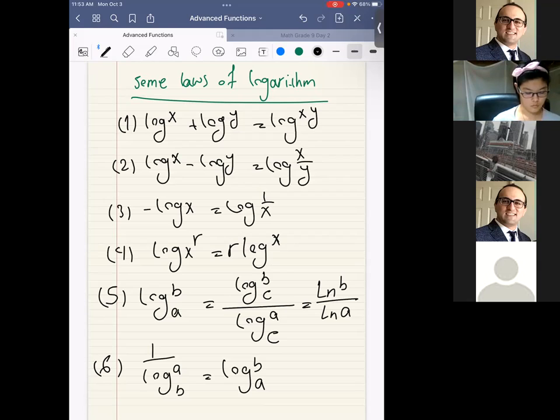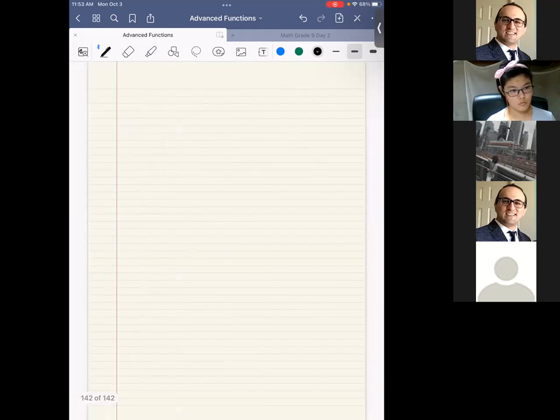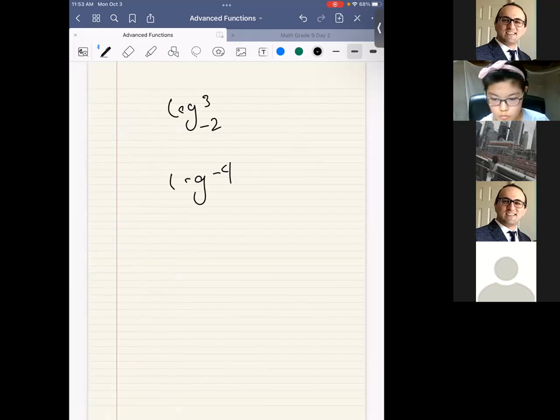So you have to be careful about the restrictions of log. I mean, you cannot say log of 3 with base minus 2. This doesn't make sense. The base cannot be minus 2. Or you cannot say log of minus 4. Minus 4 is not in the domain of log. It cannot be negative.